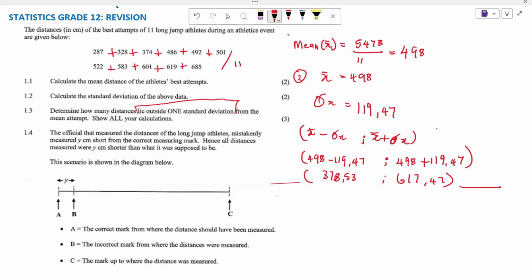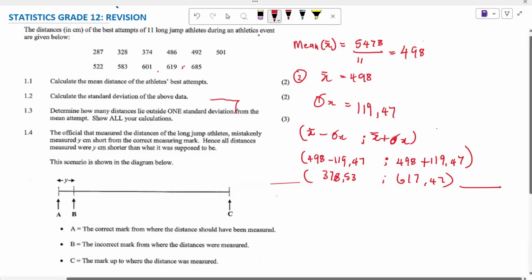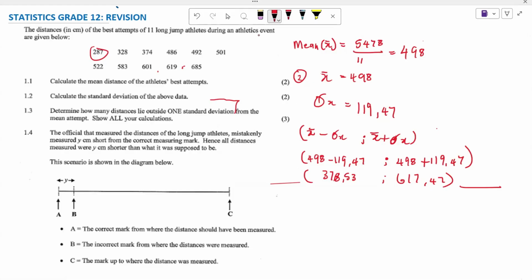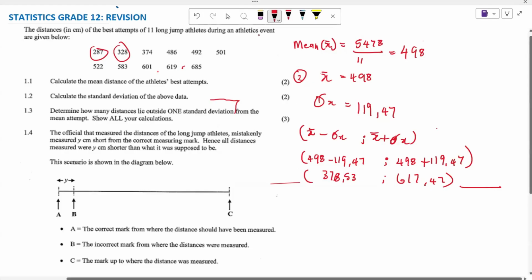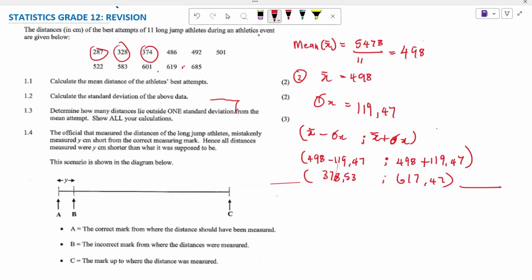Now if you are checking here, for an example, you are having 289, which is less than 378. You are having 328, which is less than that. And then you are having 374, which is still less than 378, right?